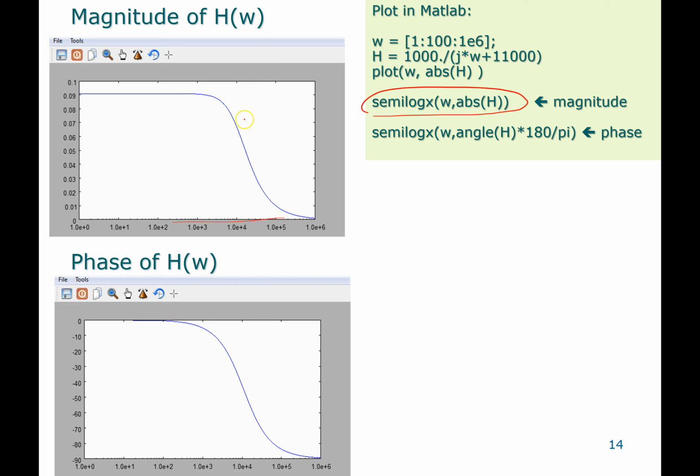Again, your omega 0 is going to be somewhere around here. Typically, with these filters, when you're at omega 0, you're at an angle of 45 degrees plus or minus, so that's effectively your omega 0.